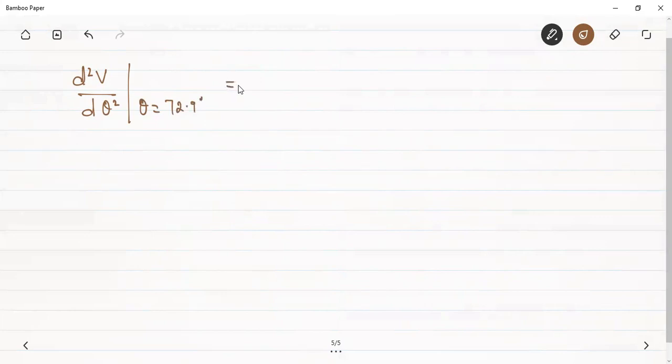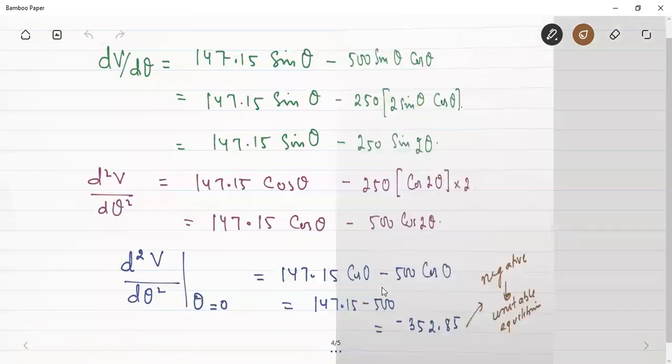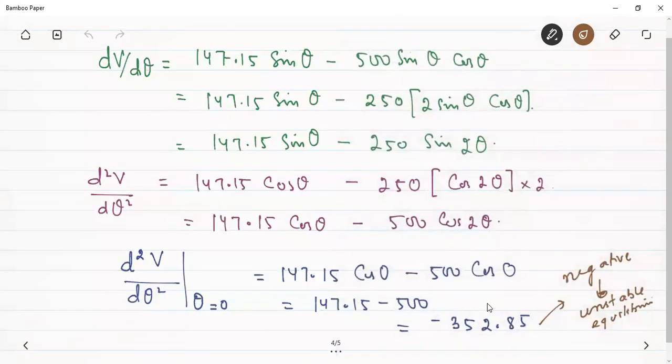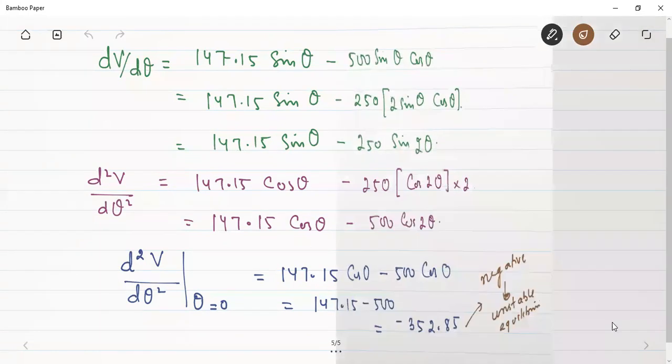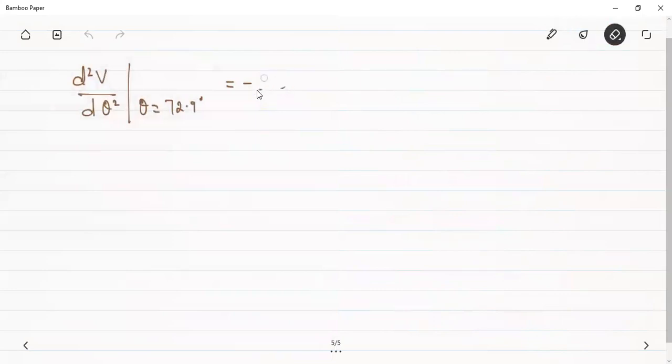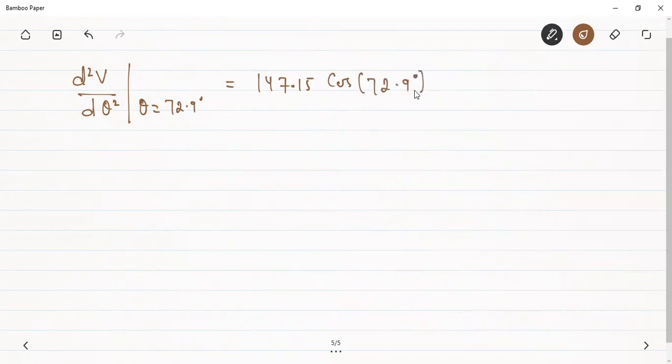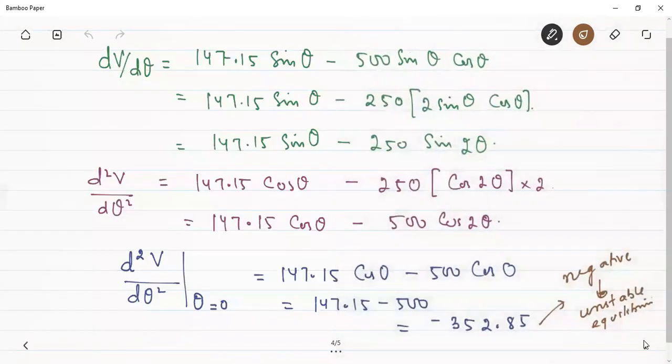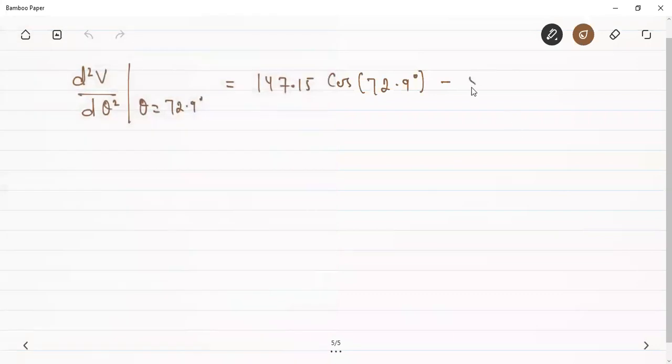So from here we will have 147.15 cos of 72.9 minus 500 into cos 2 theta.